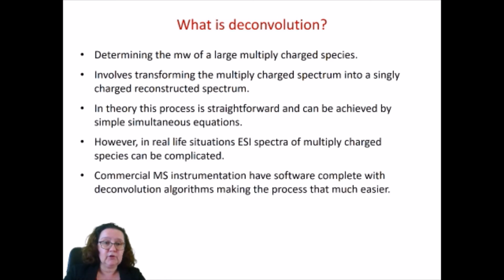Commercial mass spectrometers have the appropriate software, and they will already apply the convolution algorithms, so you get the convoluted spectrum, one peak for one particular fragment.